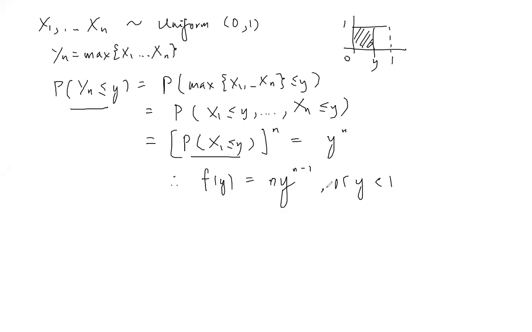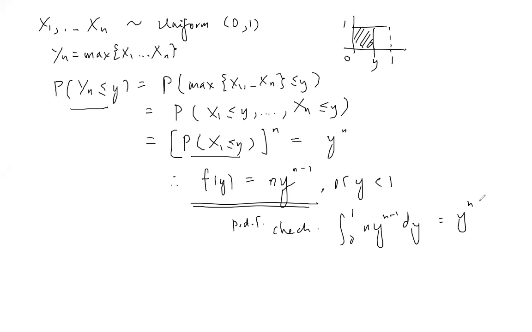Because your max can go between 0 and 1, yeah? All right. You can check that this is indeed a PDF, right? Because you check, so this is basically just 1, all right.